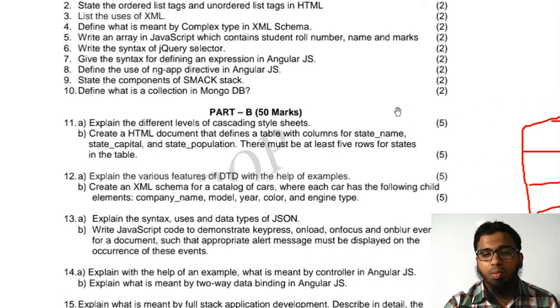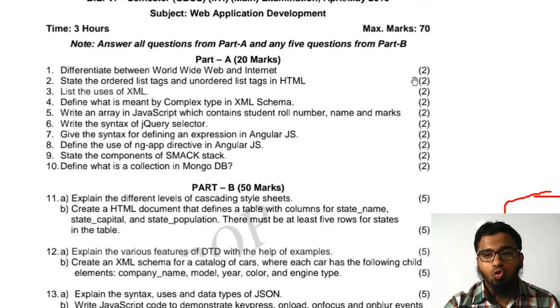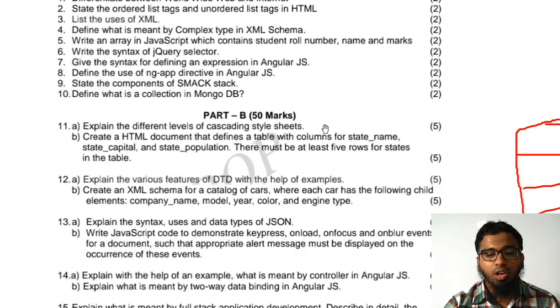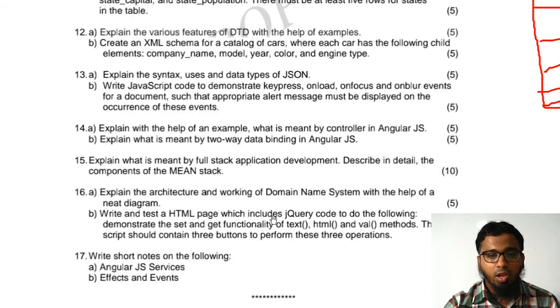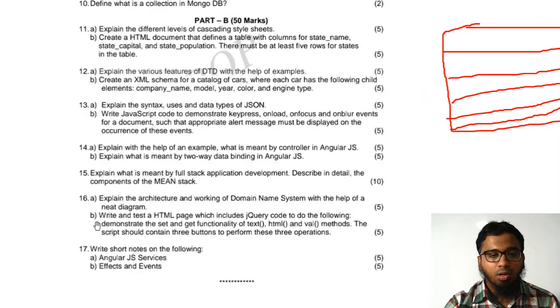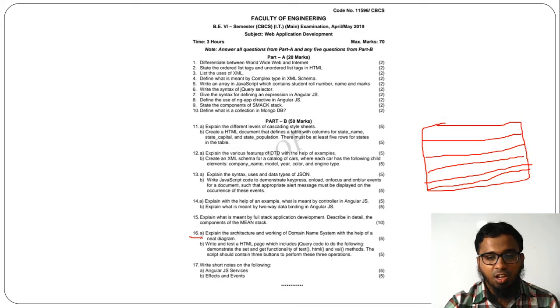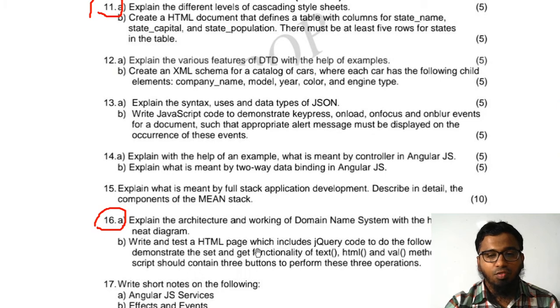So here 10 marks and here 4 marks, total 14 marks. Let's see anywhere. Okay, here is also there. In the 16th question, this 16th and 11th and this 1 and 2, this is from the first unit.